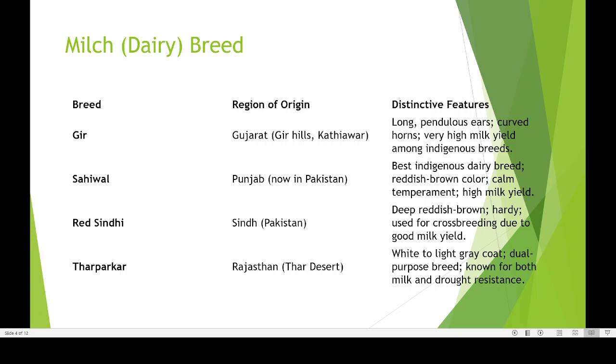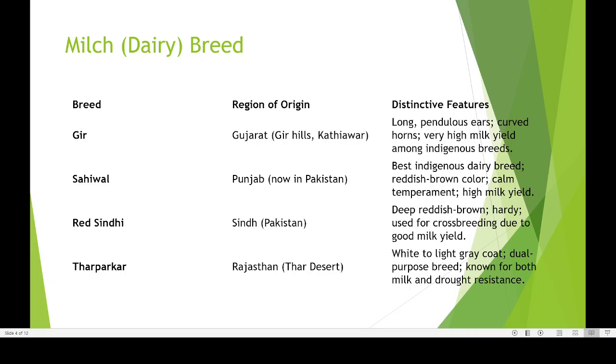So these are very strong, large-sized cattle. An indigenous dairy breed, reddish brown. See, the color is also reddish brown, calm, with high milk yield. That is why these breeds are known as dairy breeds or milch breeds. They are mainly reared for producing more milk.